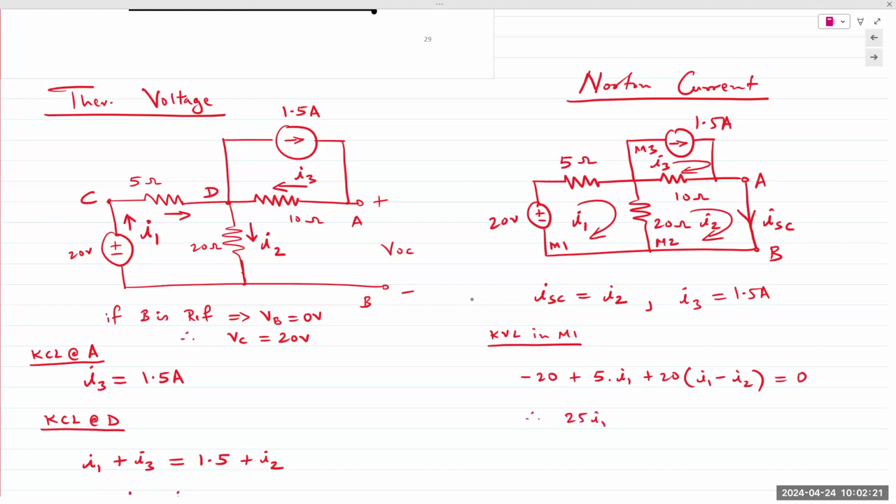So 25 I1 minus 20 times I2 is equal to 20. You reduce that, you get 5 times I1 minus 4 times I2 is equal to 4. Call this equation 1.